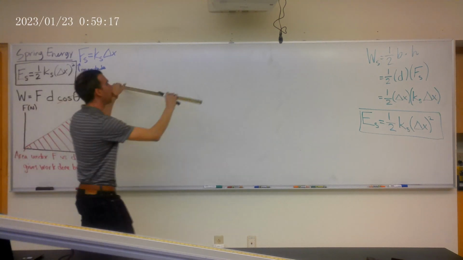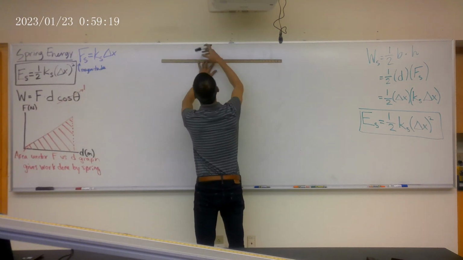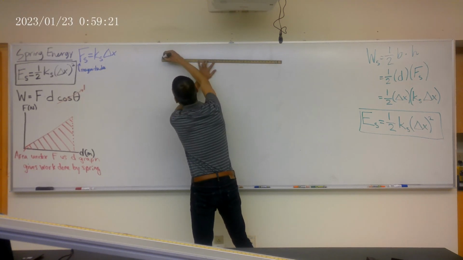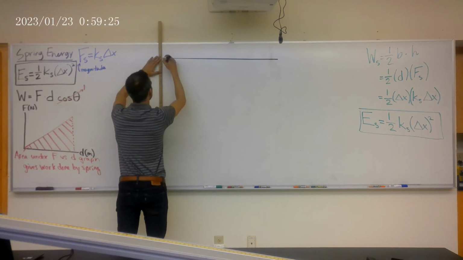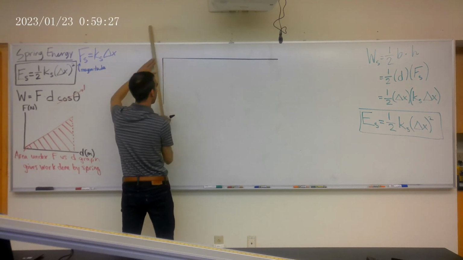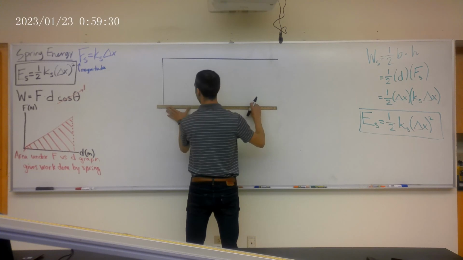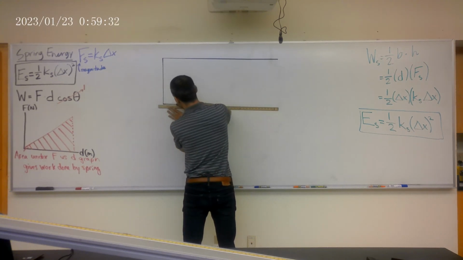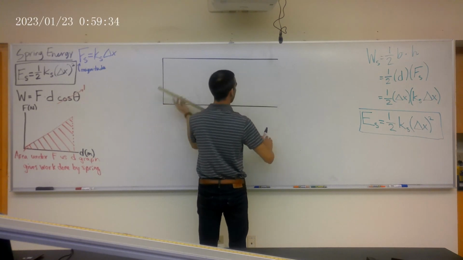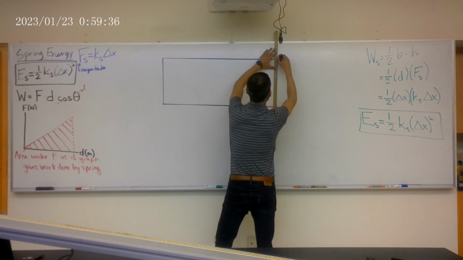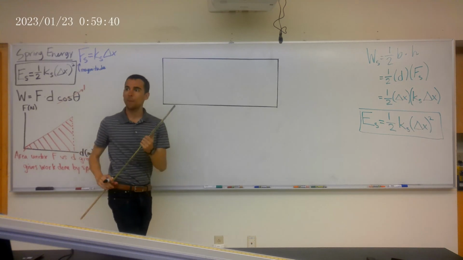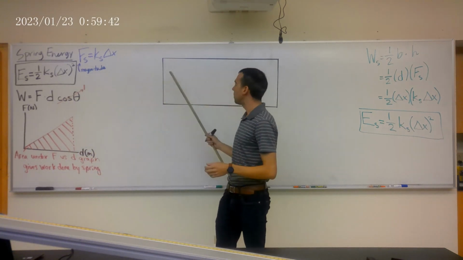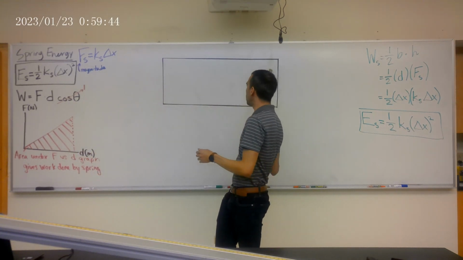So at the very top of your whiteboard, draw a big rectangle. And in this rectangle, I want to think about what the energy will be doing at the beginning, the middle, and the end of the motion.